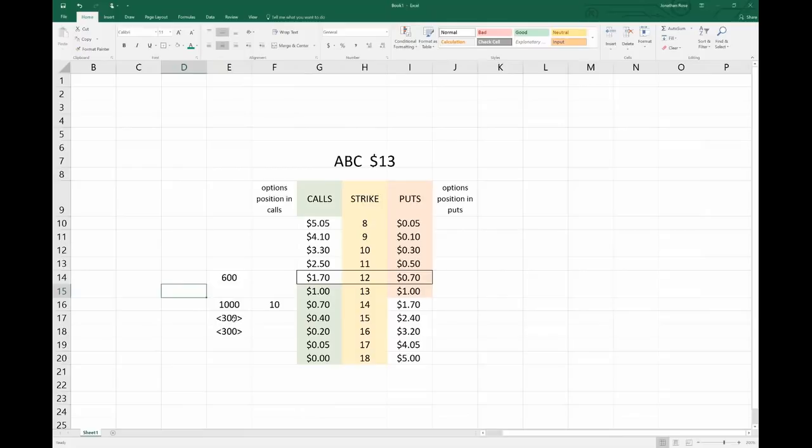Short, short. It went back down, we could just buy those back. We're still long 10 calls, right back to our original position.